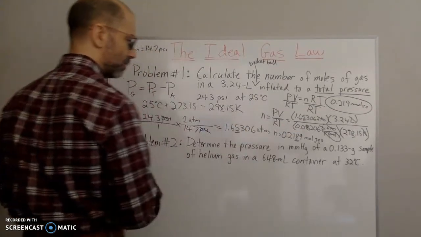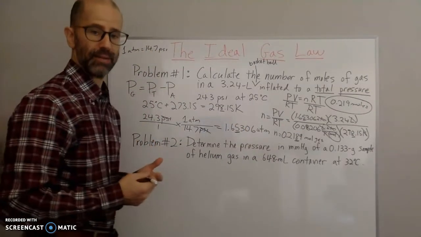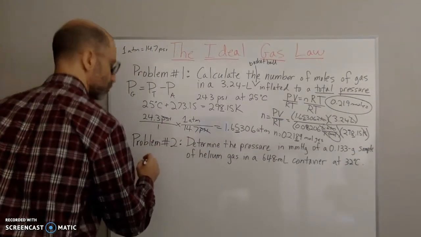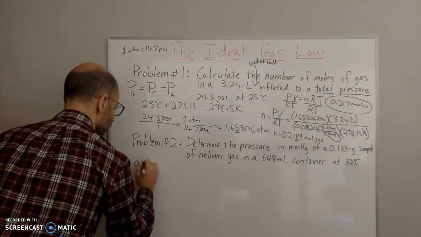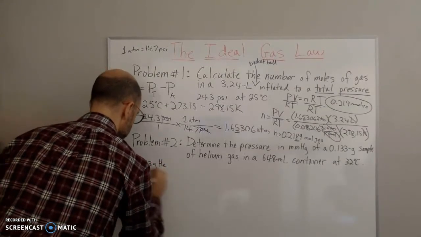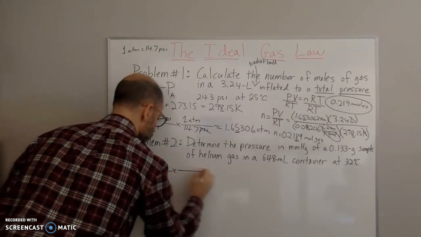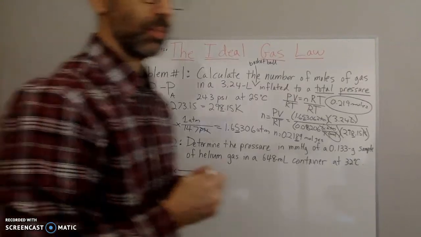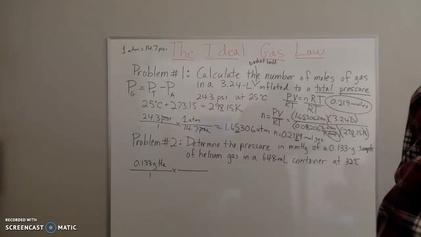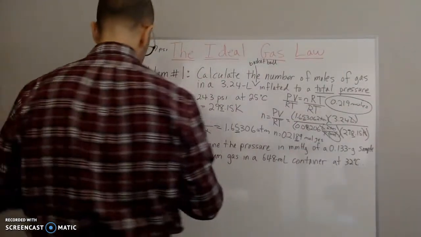So they give me gram sample. I can't use mass, I have to use moles. So I'm going to have to use the molar mass of helium to convert that. So I take 0.133 grams of helium, right, over 1. I'm going to use the molar mass. So I got to look up the molar mass of helium, and that's 4.003.